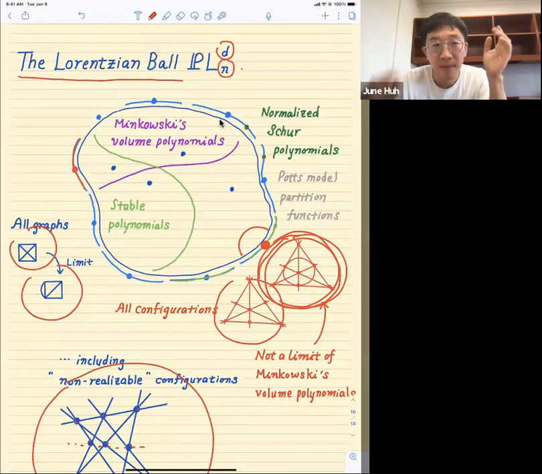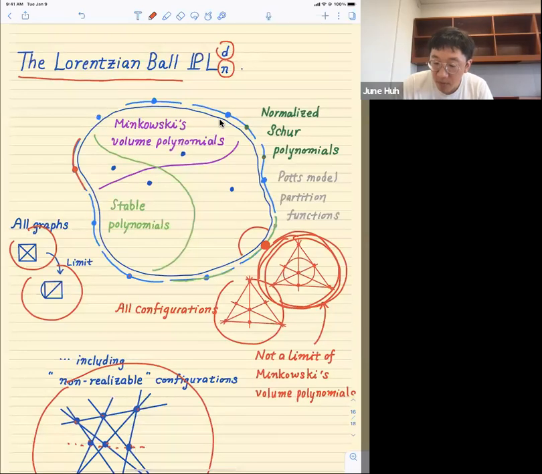And not only that, the set of convex bodies has this compactness property with respect to the Hausdorff topology. So you see that not only is this not a volume polynomial of convex bodies, but there's a whole neighborhood which is not occupied by Minkowski's volume polynomials. So you know for sure that there are missing inequalities in Brunn-Minkowski theory.